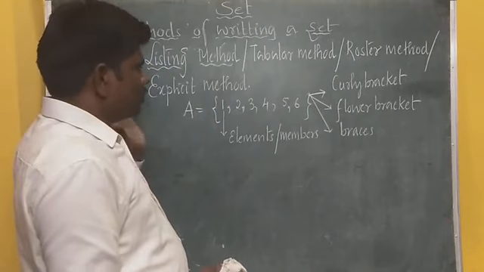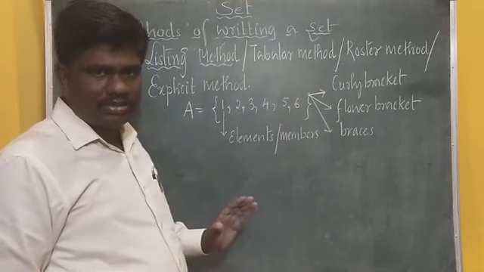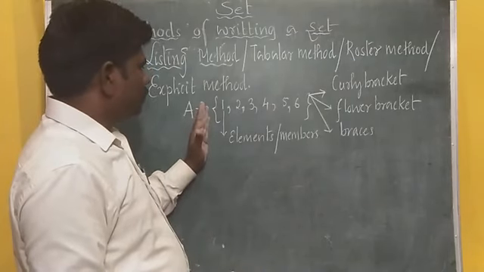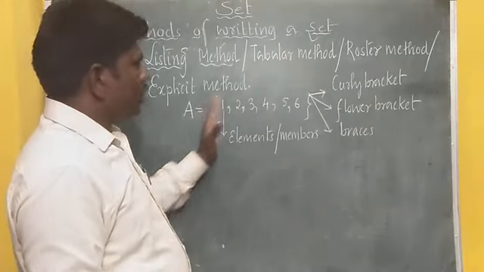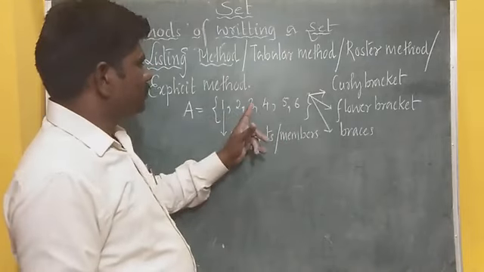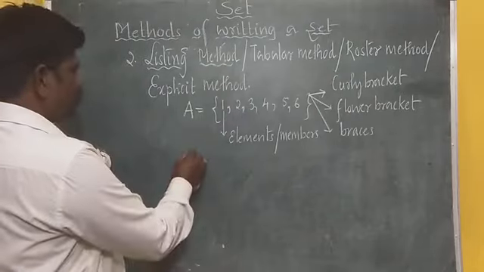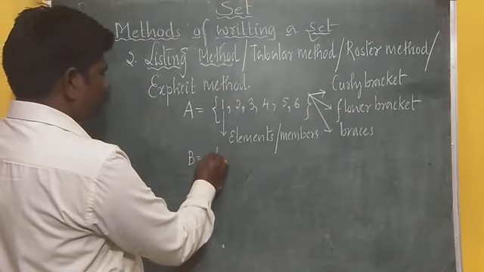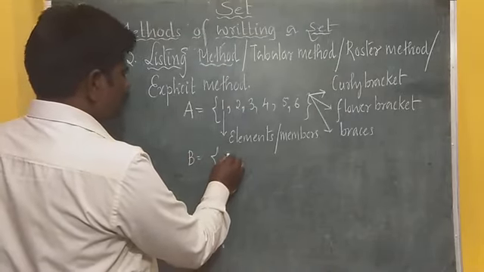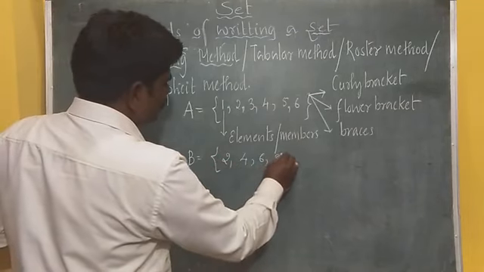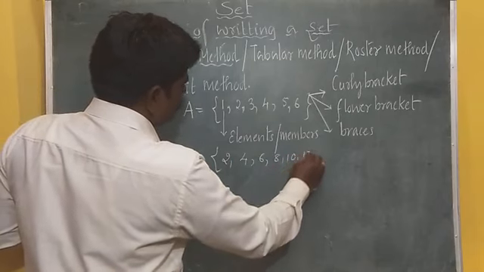See here, straight away we are listing the elements, so no confusion. You have to open a flower bracket or curly bracket, close it, and write the elements separated by commas. I will write another example here. It is like this: 2, 4, 6, 8, 10, 12.